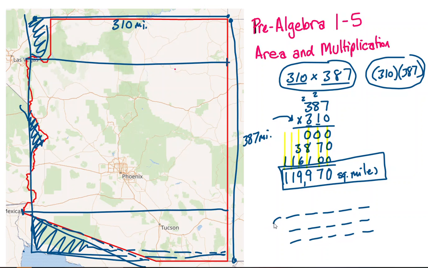So 3 rows, 5 desks each. How many desks are there? That's 3 by 5, which is 15. So 15 total desks.